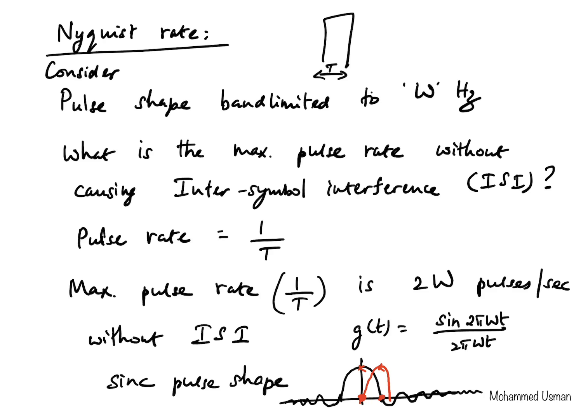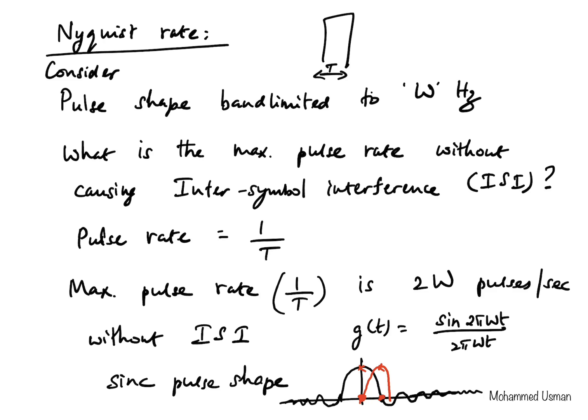That way we can sample at the correct instant, so that only one of the pulses has its maximum value at that sampling instant, and all other pulses have a zero value at that instant. So there wouldn't be any intersymbol interference. Okay, and that's the finding which is called the Nyquist rate, which is 2W pulses per second with the use of sinc shaped pulses.